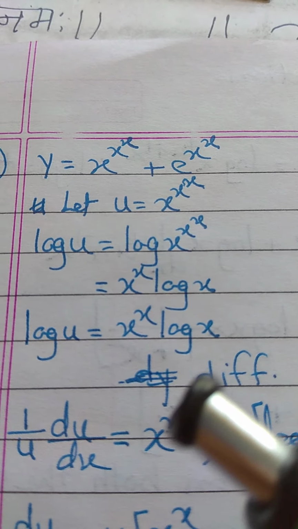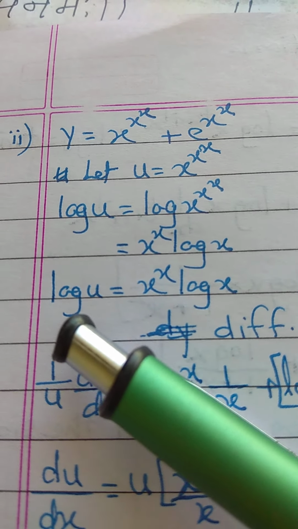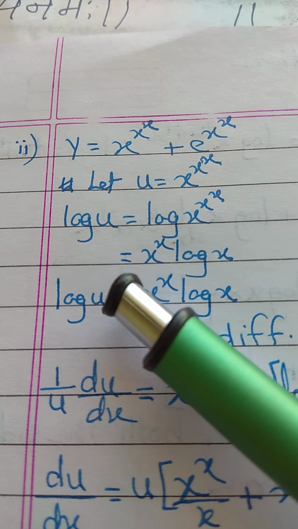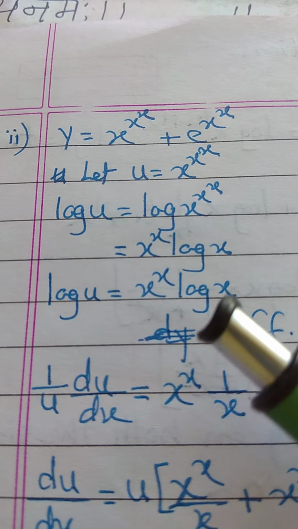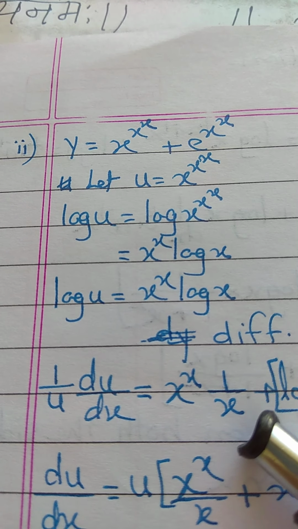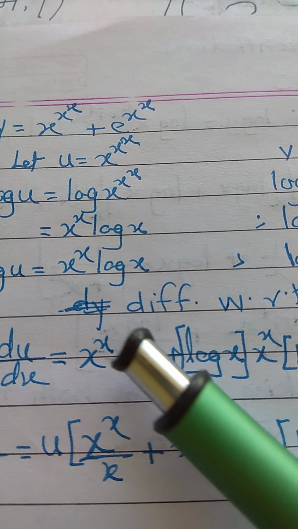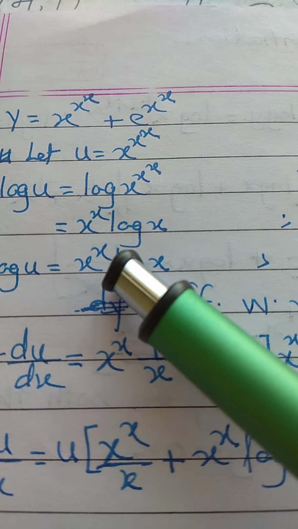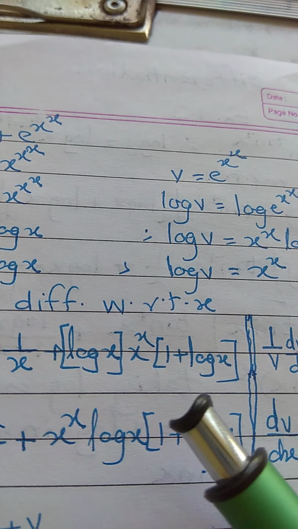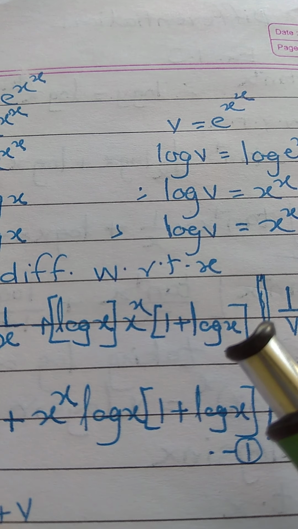Now differentiating with respect to x, derivative of log of something, 1 upon that thing, derivative of this u is du by dx. First function x raised to x as it is, derivative of log of x is 1 upon x. Second function log of x as it is, and derivative of x raised to x, according to previous two problems, is x raised to x in bracket 1 plus log of x.